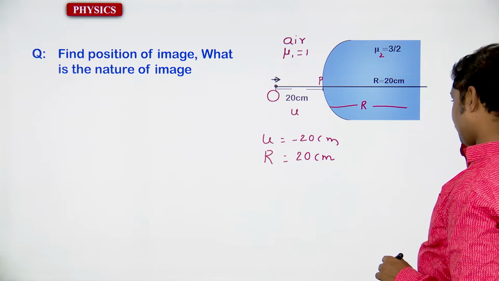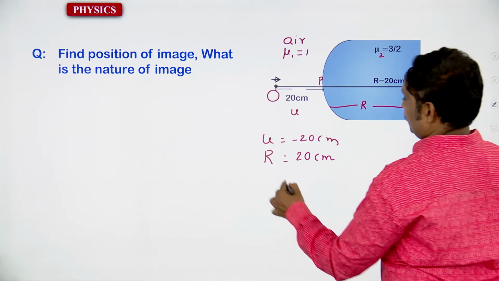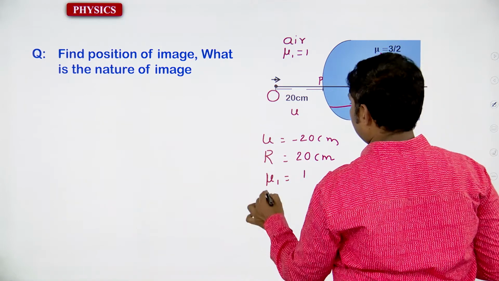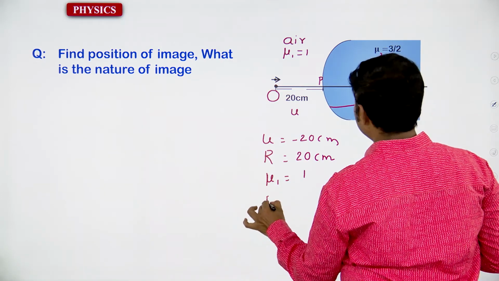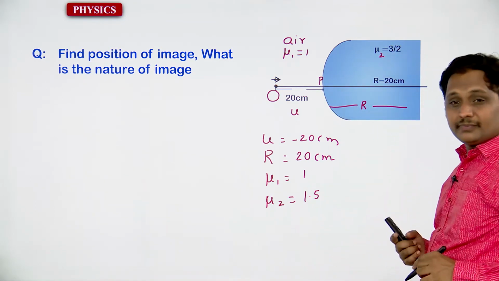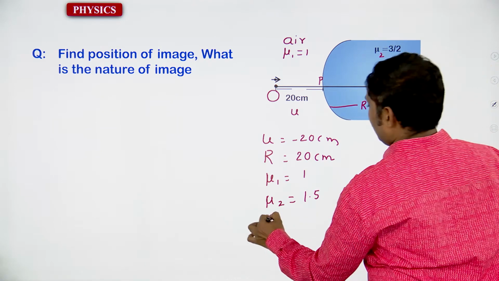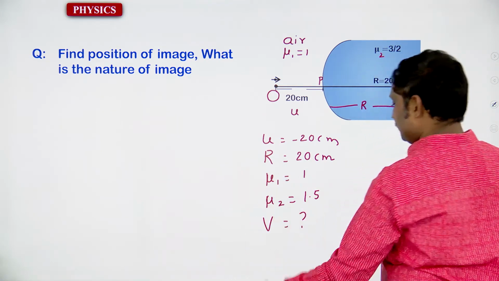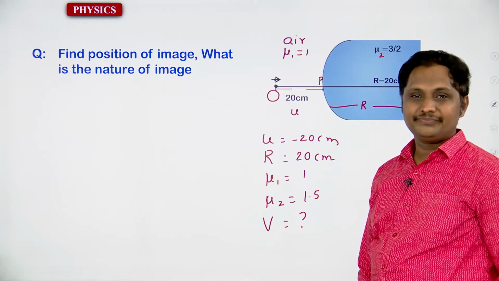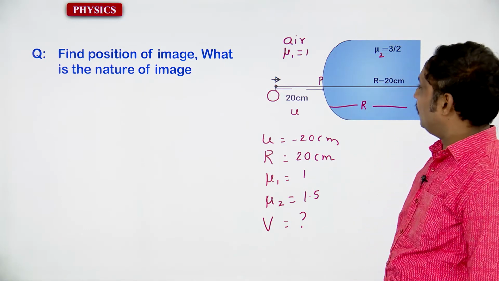We have to consider that mu1, the refractive index of the rarer medium, is going to be 1, and mu2 is 1.5. You have to get this V, that is going to be the question mark. You have to solve the problem. How can you solve the problem?